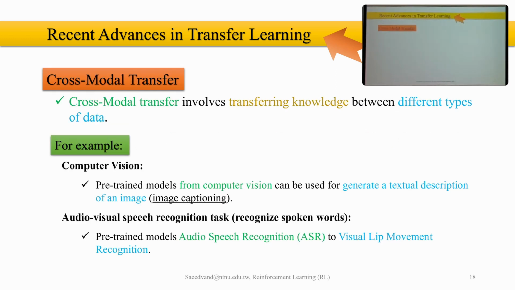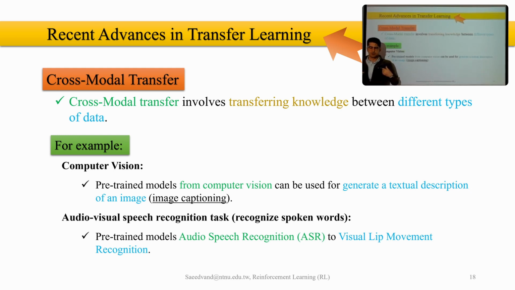On the other hand, we can have cross-modal transfer. In cross-modal transfer, we want to transfer knowledge between different types of data. This is called cross-modal transfer. For example, a pre-trained model from computer vision can be used to generate text descriptions. So your machine learning model looks at the image and writes.